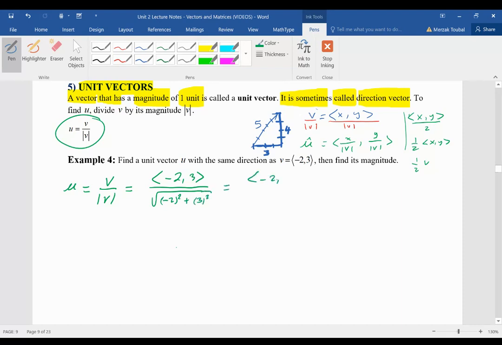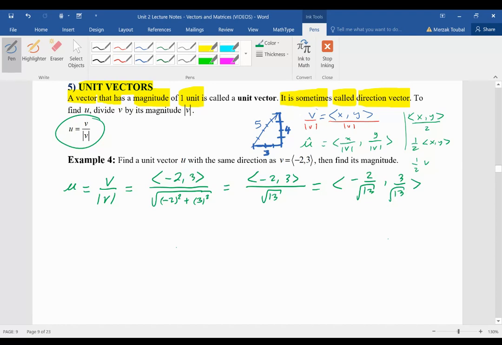So -2 comma 3 divided by the square root of 4 plus 9, that's 13, root 13. Now we can go further and write it as -2 over root 13, comma 3 over root 13.